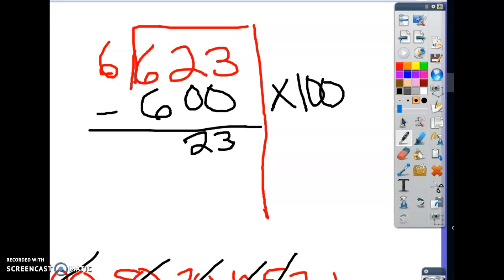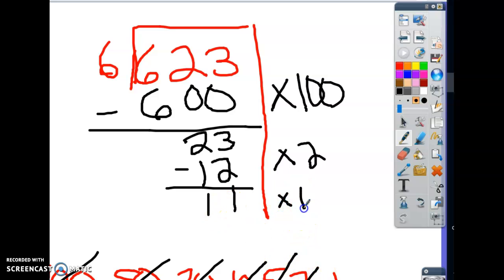So then we're going to try to get to 2. What is 2 times 6? Good, 12. So we can use a 2 because 12 is smaller than 23. So when I subtract, I'll get 11. Can I use another 2? No, it's too big, right? So let's use 1 then. What is 1 times 6? Great, 6. So when I subtract this, what is 11 minus 6?